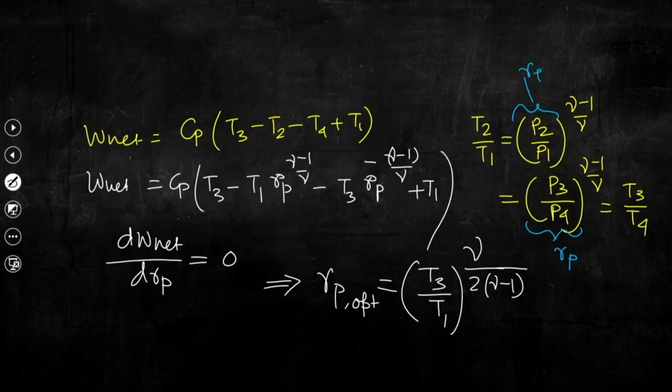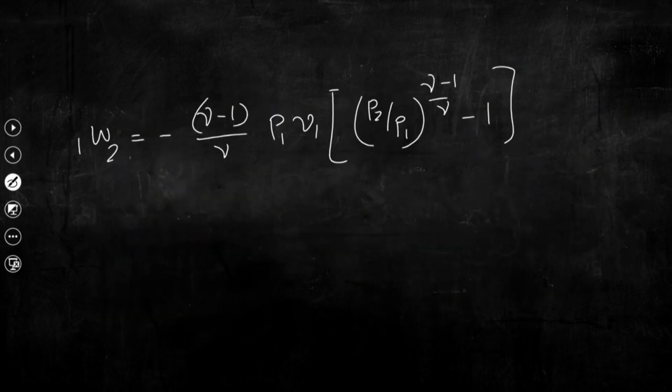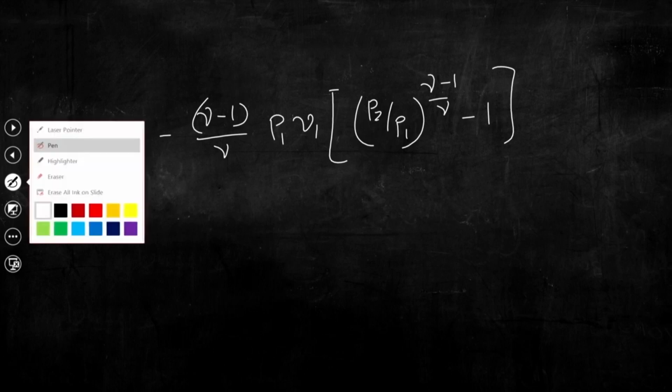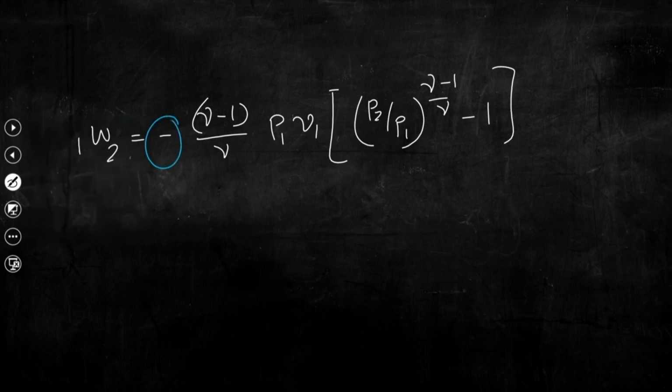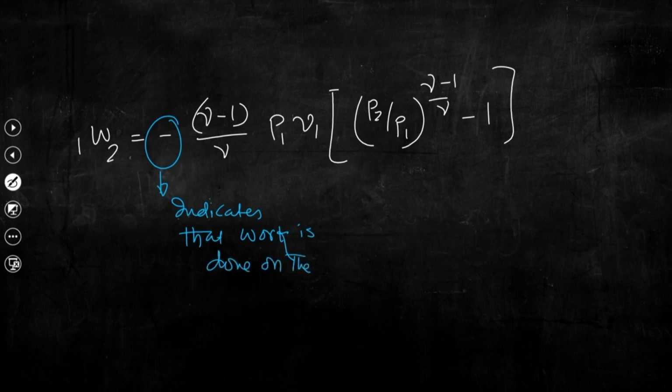What we can see here is that if the pressure ratio is more, this negative sign indicates that work is done on the working fluid, right.